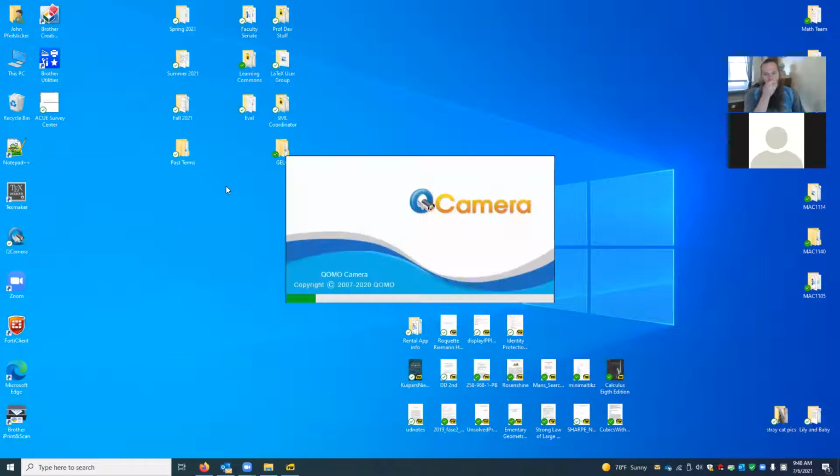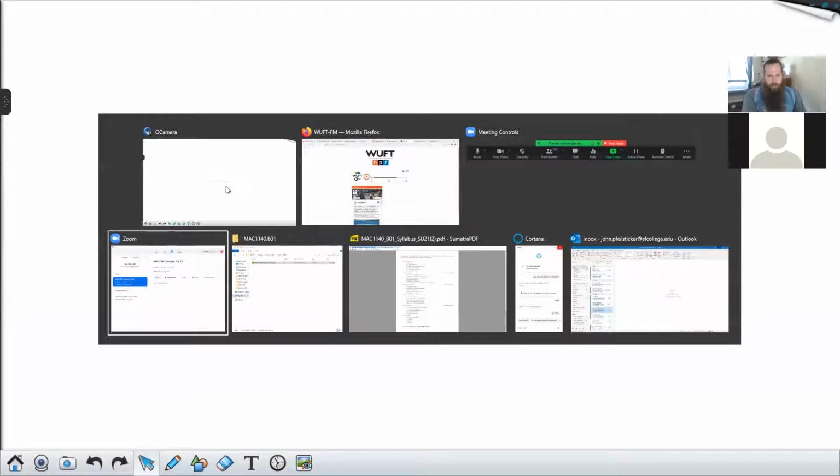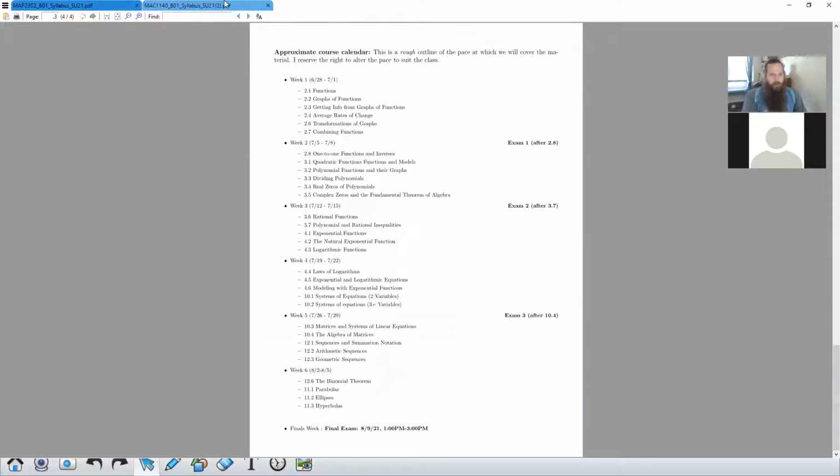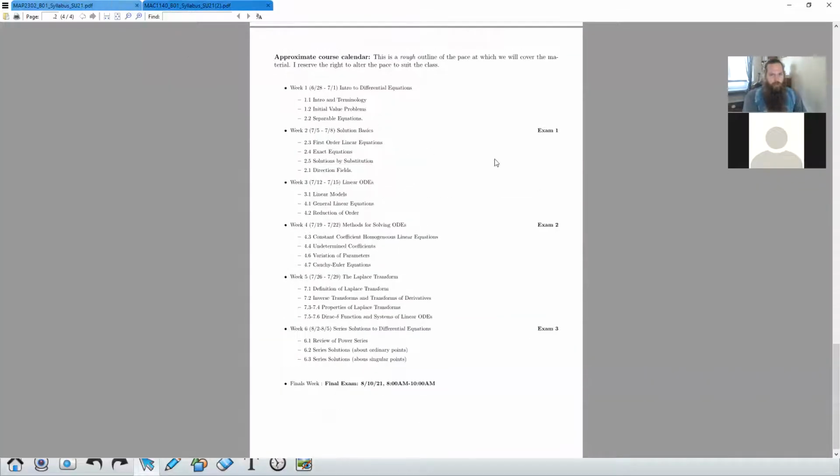The other thing we need to talk about is the exam. I've been having some second thoughts about the exam date, and it's going to depend on how quickly we move through some of the material. I would like for us to get through exact equations and solutions by substitution before exam 1, because it fits neatly to have exam 1 cover chapters 1 and 2.